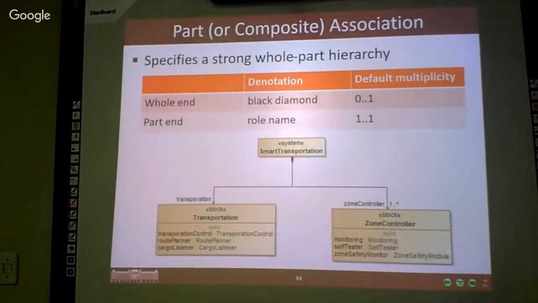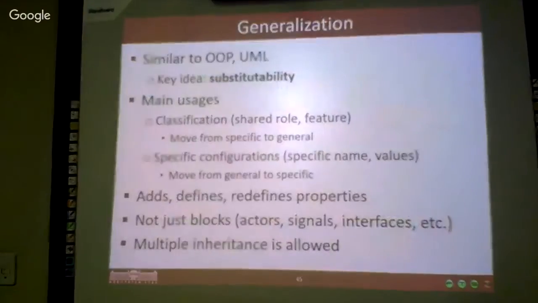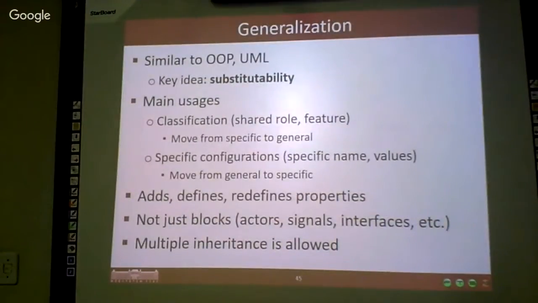So our smart transportation system is composed of a transportation system and the zone controller subsystem. And here you can define the multiplicities, similarly to UML. So the generalization comes from object-oriented programming, and it works very similarly to UML.